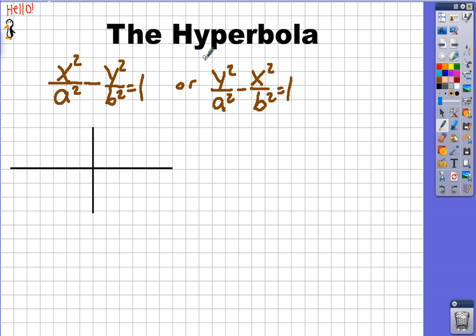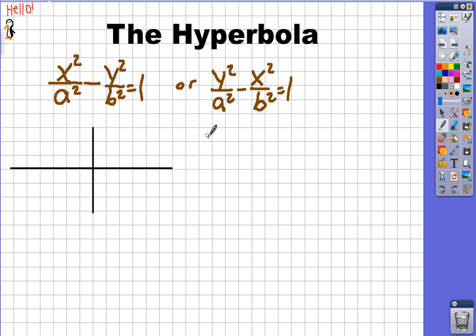Now, what we're going to find out here is that we're going to find our foci. It's still the distance a goes out the transverse axis, and c goes out to the foci.